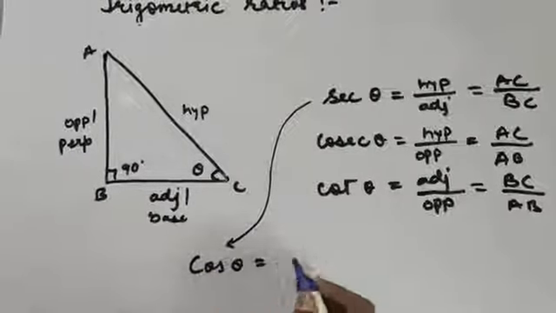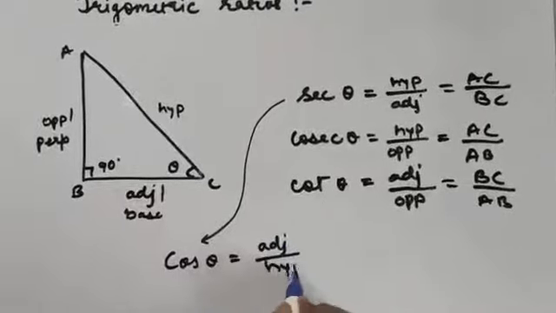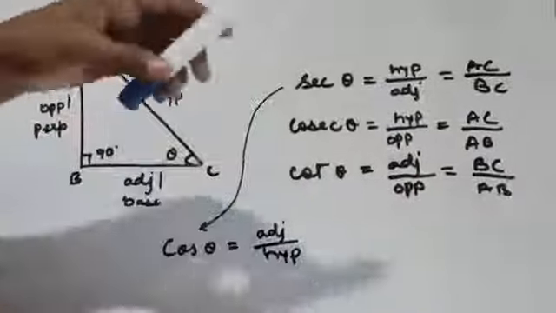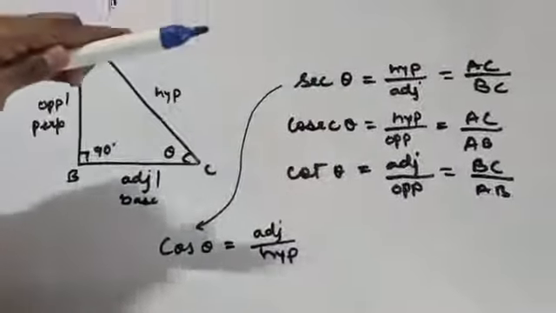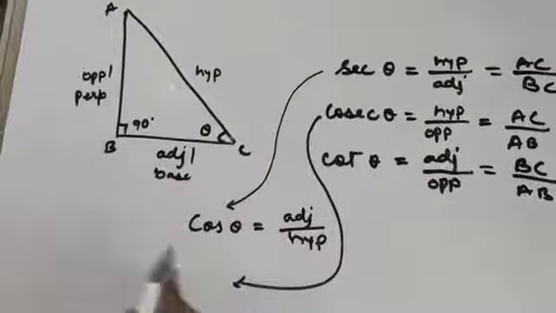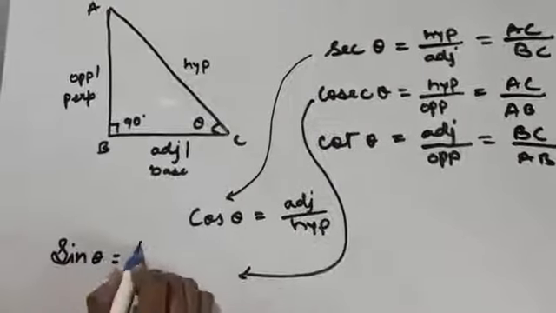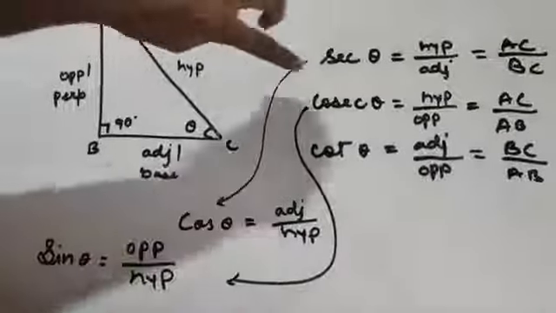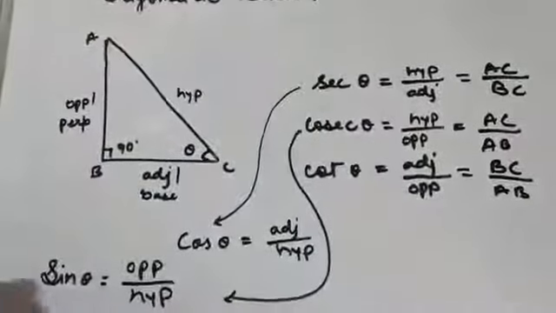Cos theta, if you remember, is given as adjacent side upon hypotenuse, and sec theta is exactly the opposite of it, the reciprocal of it, which is hypotenuse upon adjacent, right? Similarly, cosec theta is the inverse of sin theta. Sin theta is given as opposite side upon hypotenuse. You can see that cosec theta is given as hypotenuse upon opposite side.